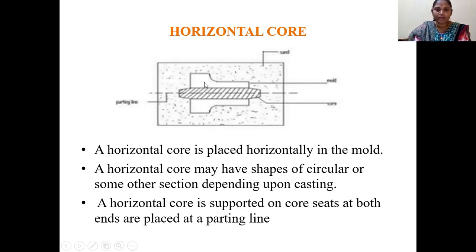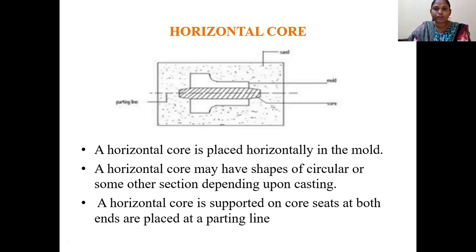This is the mold cavity. This unhatched section is the mold cavity, and the dotted part is the molding sand. In this mold cavity, we place a core such that the cast object produced from this process is of hollow section.